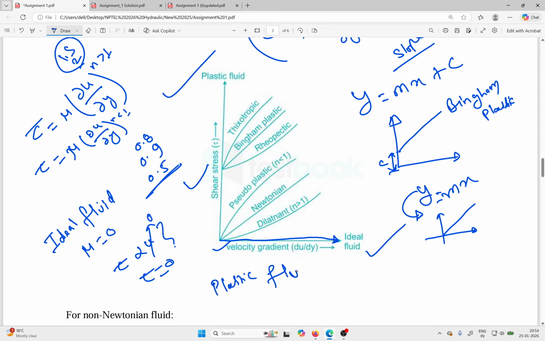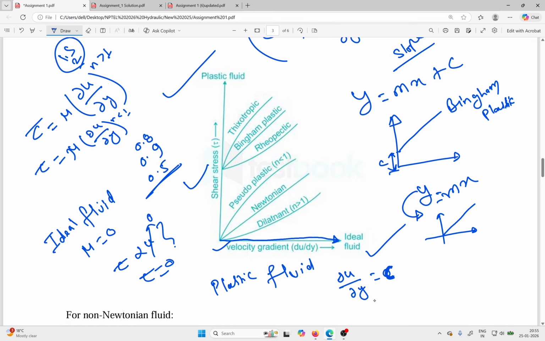For the plastic fluid, what we will do? For plastic fluid, velocity gradient zero, not zero, constant. If this will be zero, then what will happen?